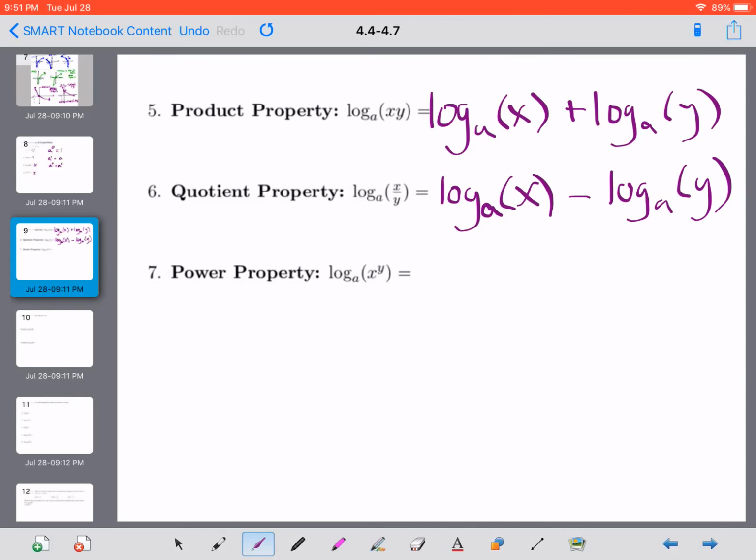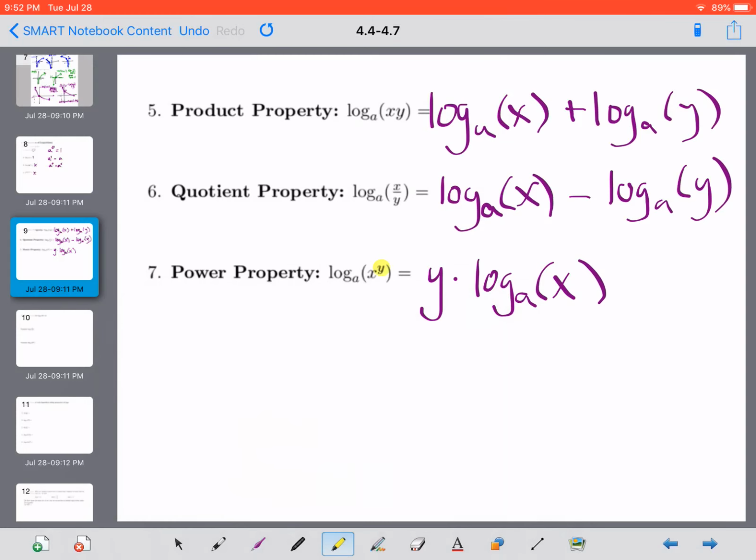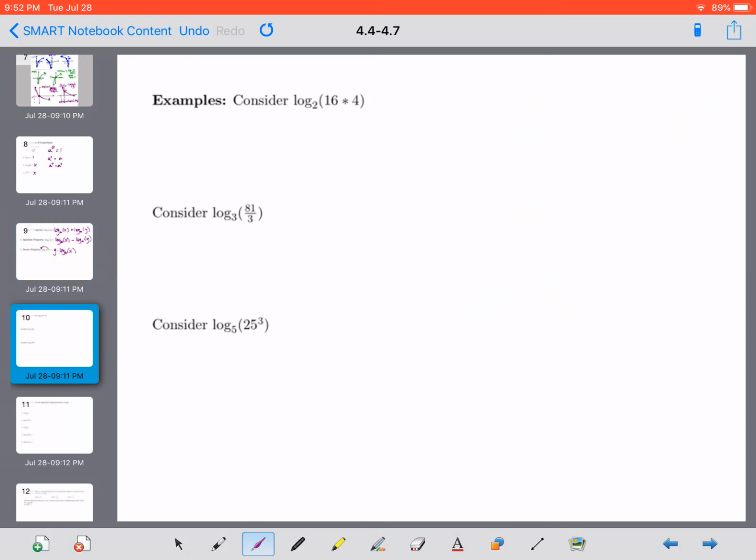In fact, log base a of x to the y power can be rewritten as y times log base a of x. So in a sense, you can take that exponent of y and just pull it out in front as multiplication. This seems a little unusual at first, and it's easy to get these properties wrong, but we'll try to understand why these properties hold by looking at a few examples.